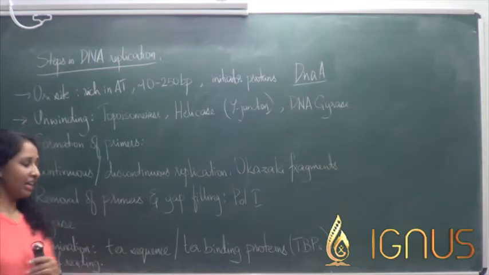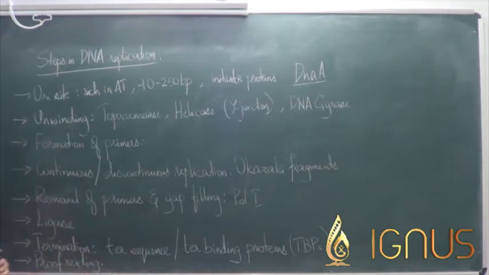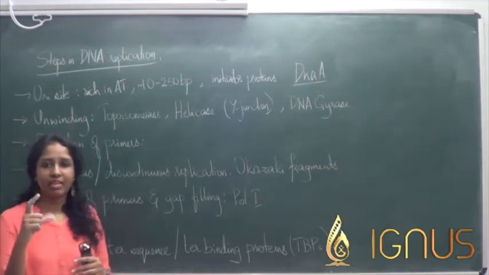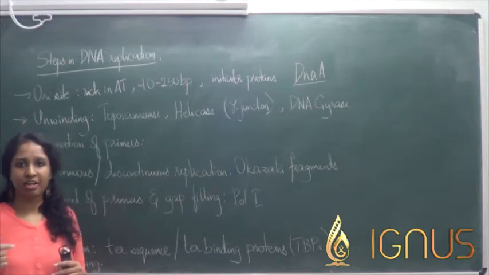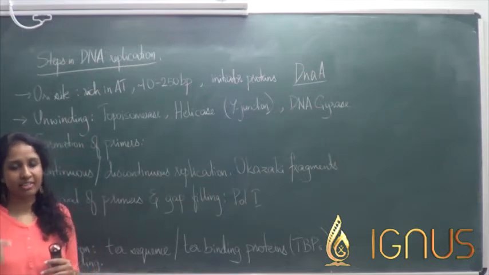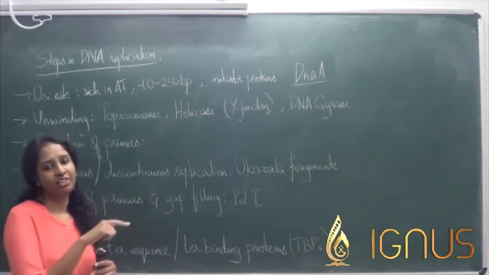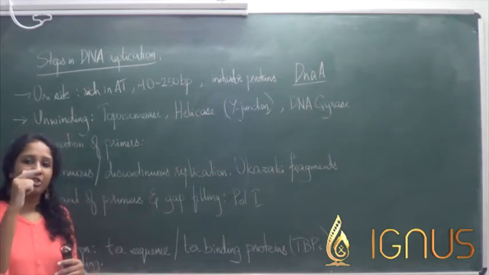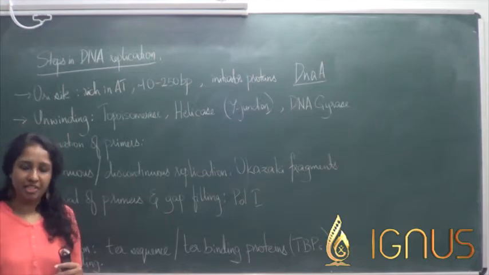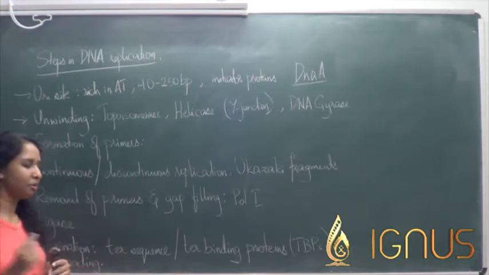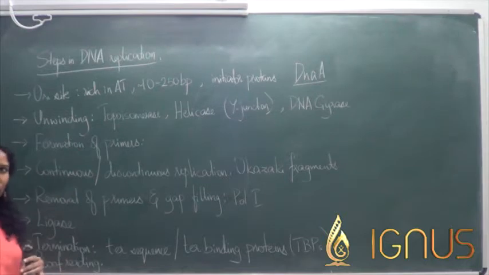The next enzyme will be ligase, and ligase is going to be ligating the two single-stranded DNA molecules. So you have the template strand and the newly synthesized strand, and the nucleotides which are there in between each of them will be ligated by the enzyme ligase.